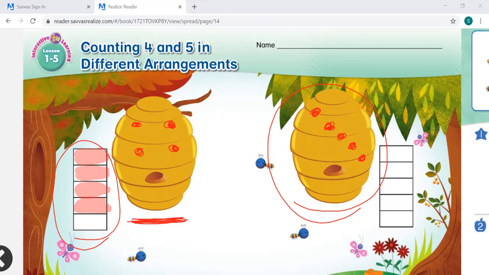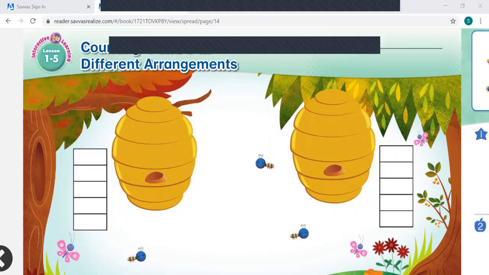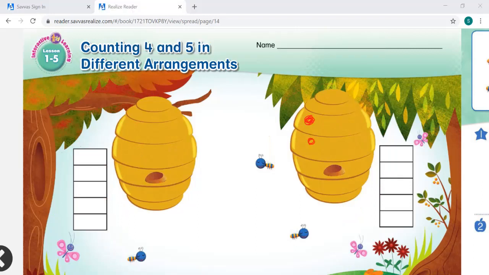All right, let's see what happens when these bees move around. Remember, they keep moving around, so it's hard for the beekeeper to count the bees. All right, how many bees are there now? There's still 5.